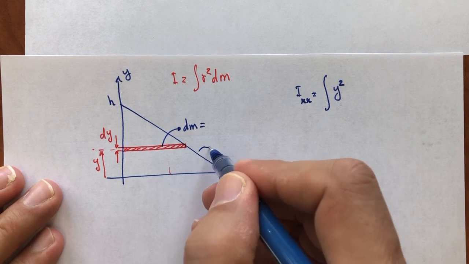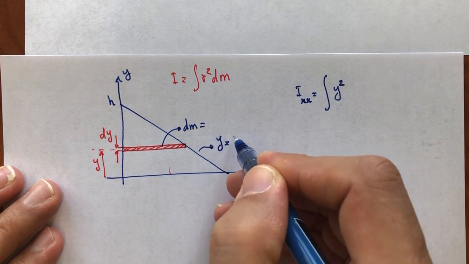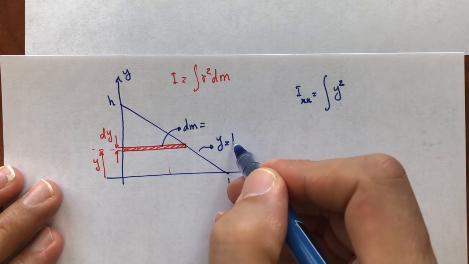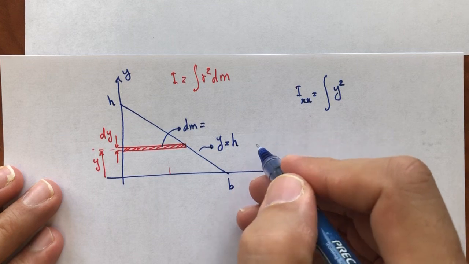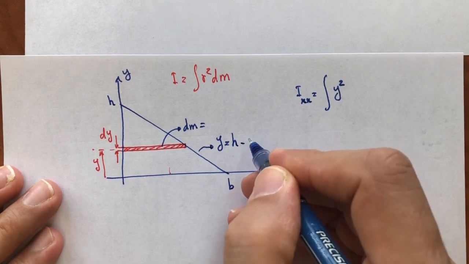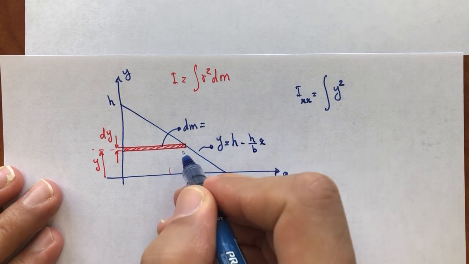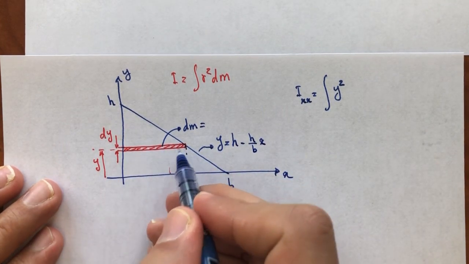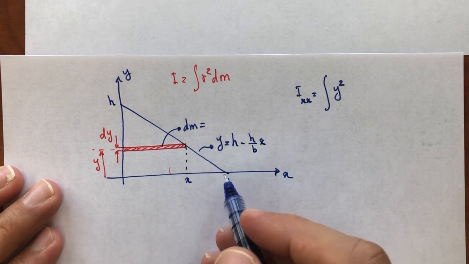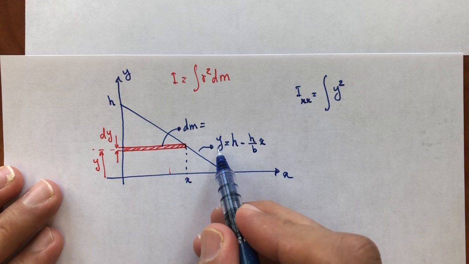The equation of this line, if you remember from the previous solution, is y equal to h minus h over b times x. X is going to be the length of this element, so from this equation you can find x in terms of y.